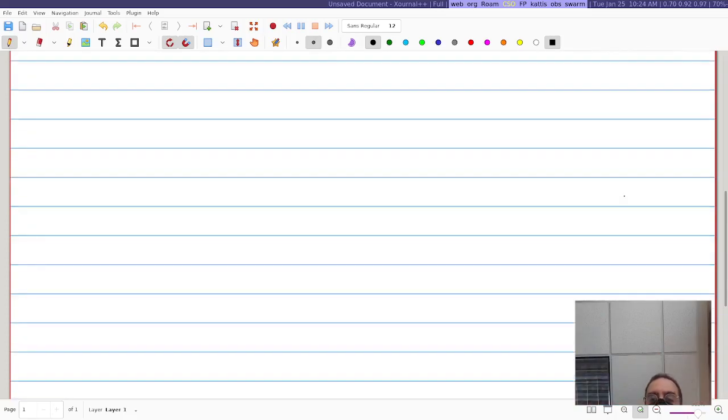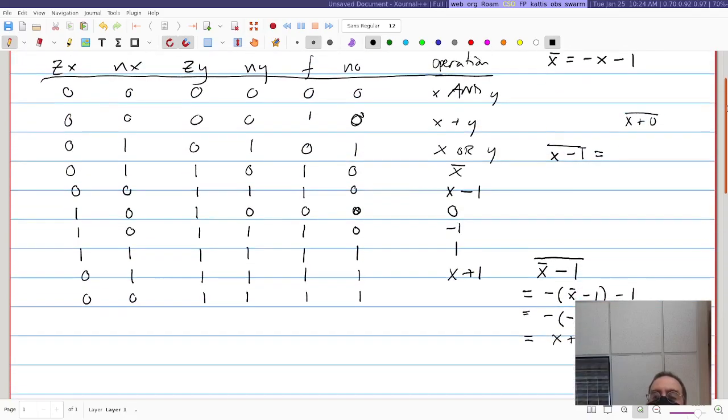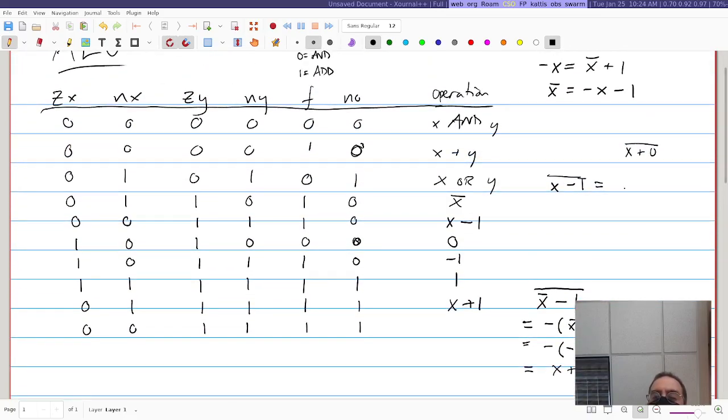So that is negative x minus 1, right? And that is negative x plus 1 minus 1. The ones cancel. Negative x. Cool. Yeah, that gives us negative x. All right.